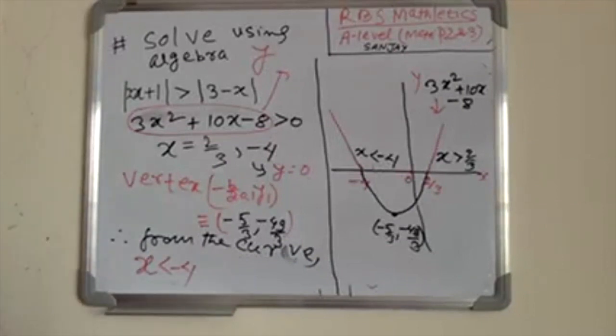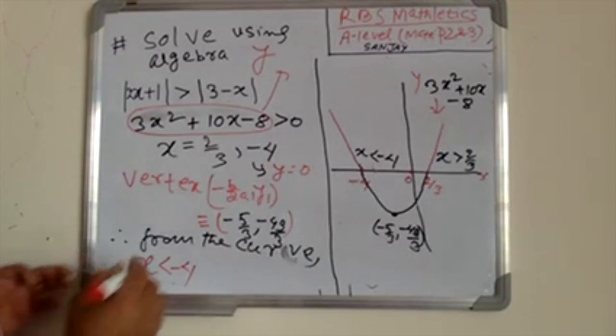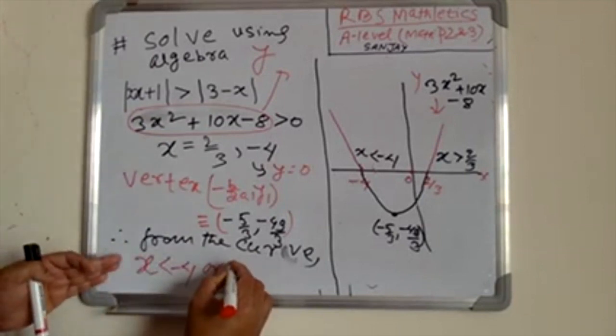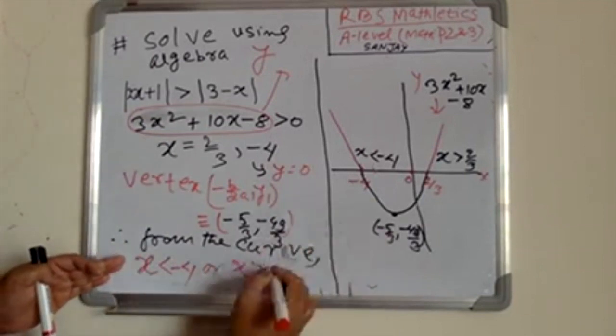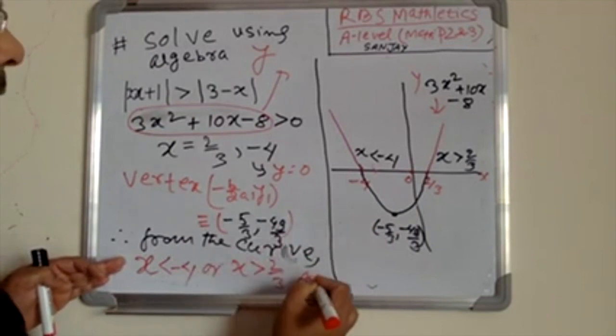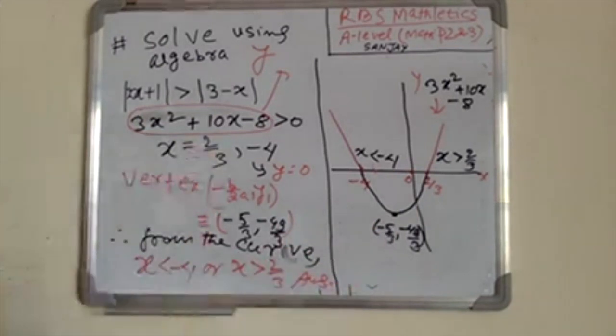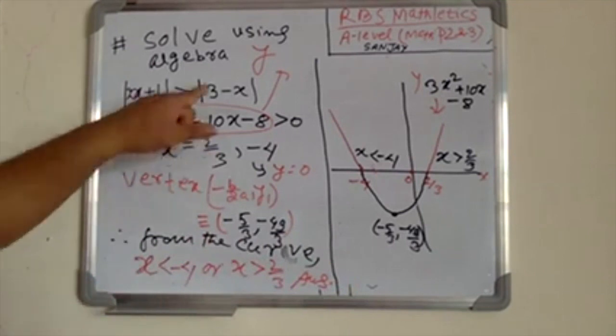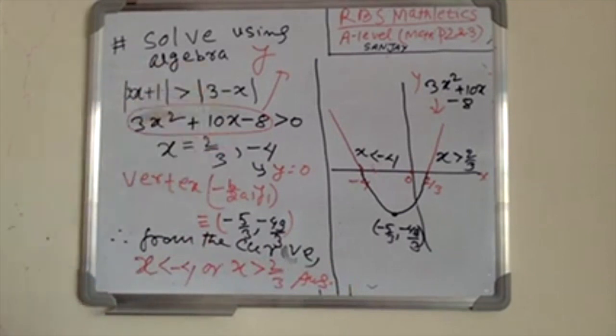One inequality, not a single value, there are many values. And another solution is x greater than 2 by 3, and that is your answer. So in this way also, we can find the solution for this kind of inequality.